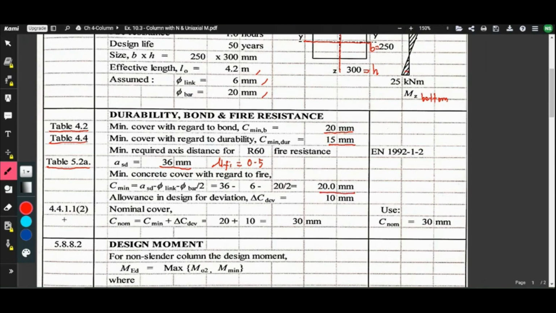Compare which is the maximum value, Cmin,b or Cmin,fire. So it will be 20. So Cmin is 20 and delta Cdev is 10. Therefore Cnom is 30 mm. That is the nominal cover.